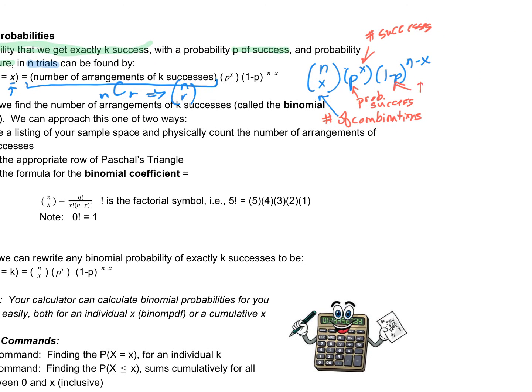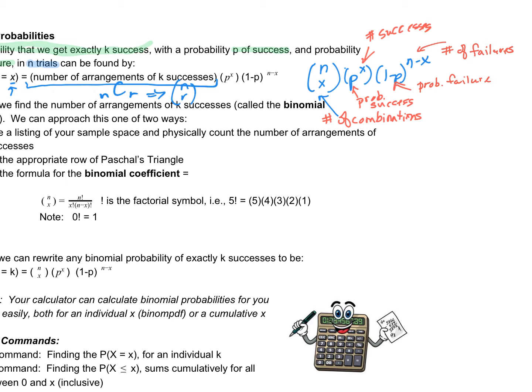Failures. This is the probability of failure. And guess what n minus x stands for? Think about it. It's the number of failures. If n is the total number of trials and x of them are successes, then how do you figure out how many failures you have? The rest of them have to be failures, don't they? So that's n minus x.